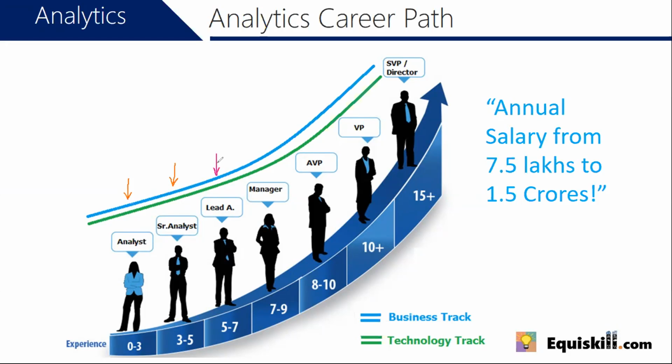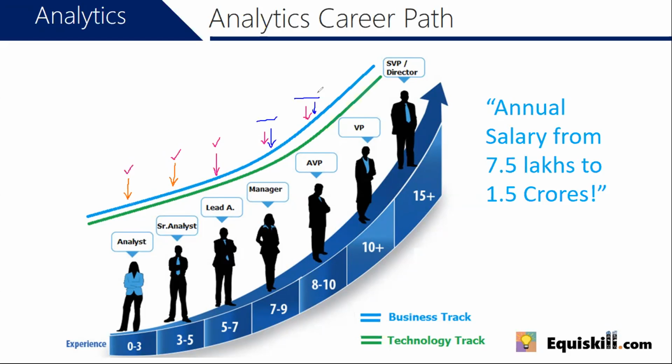Now, as a lead analyst, which is 5 to 7 years of experience, you might be creating new models. As a senior analyst, you might run existing models and just change the parameters. As an analyst, you might do a lot of descriptive analytics and reporting. As a manager and AVP, you're still expected to be hands-on. It's not that you're going to stop doing that, and you're expected to contribute hands-on in the analytics, learn new things, and lead the way for your team. But you might start heading up a particular customer or a particular region, like South America.